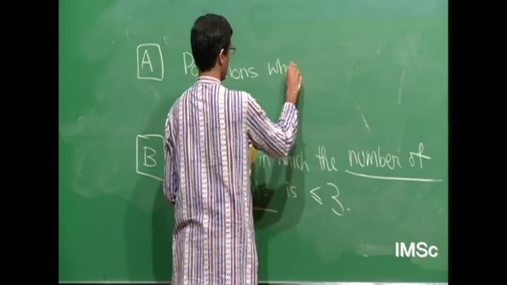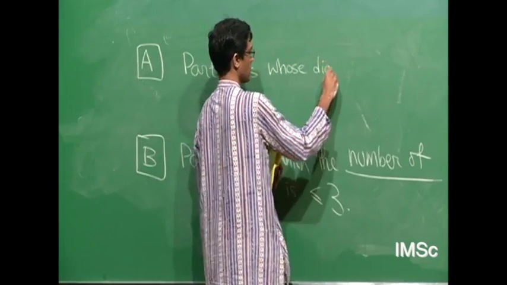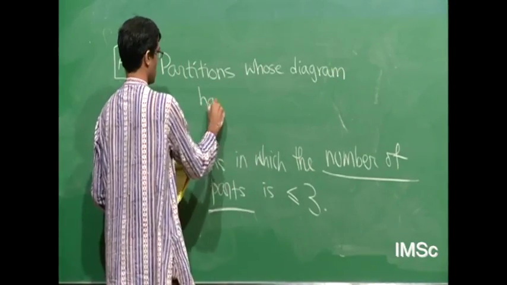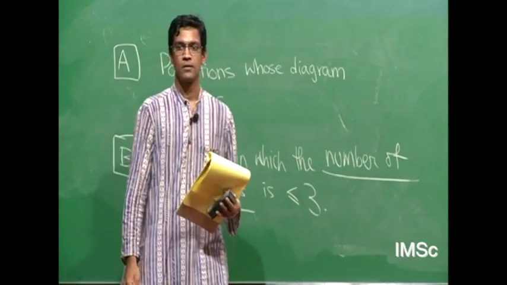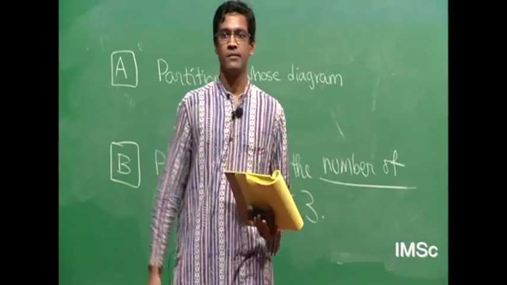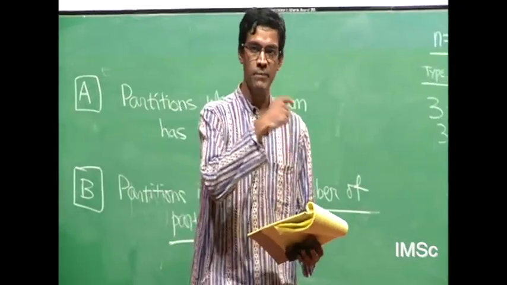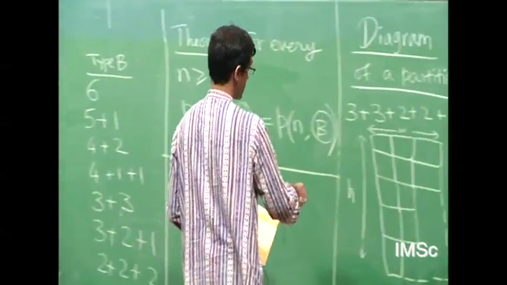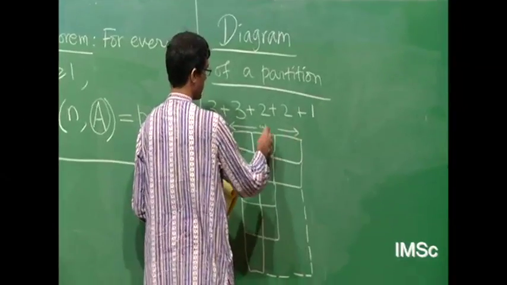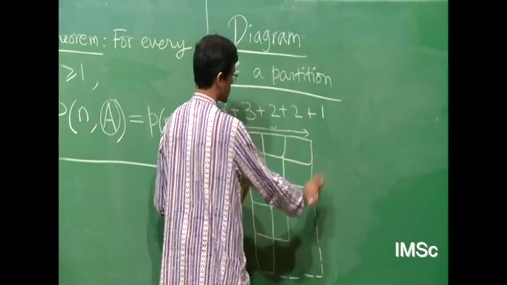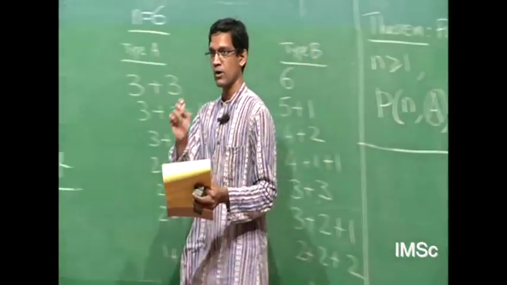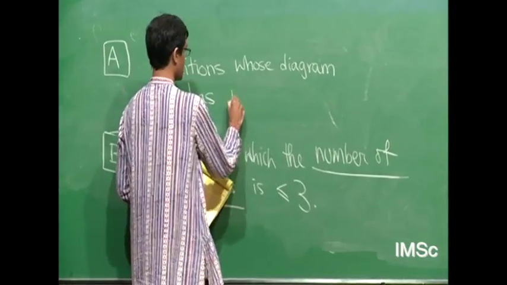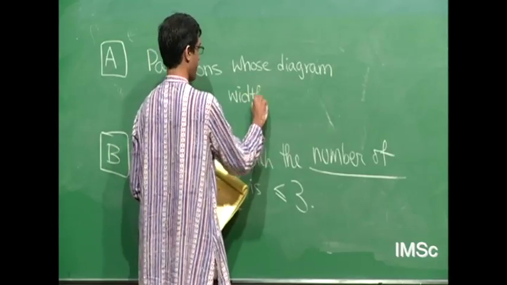Partitions whose diagram has width at most 3, right? Because every part is at most 3, and what does it mean? If everything is 3 or less, the width can be at most 3, because the width is really the same as the number of boxes in the first part. The largest part is exactly the width. So partitions whose diagram has width at most 3.